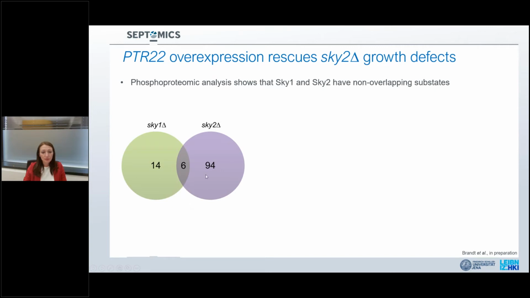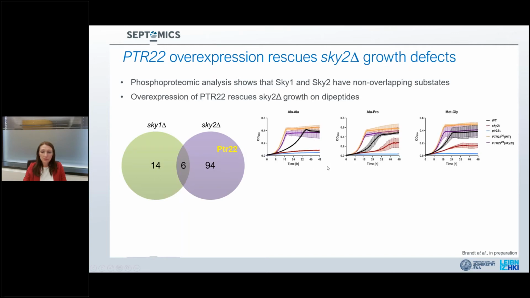Of these 100 targets of SCY2, we see PTR22, which is a di- and tripeptide transporter in Candida albicans, so very specific for transport of di- and tripeptides. And we tested the PTR22 mutant strain as well as a PTR22 overexpression strain in the wild type and in the SCY2 background.